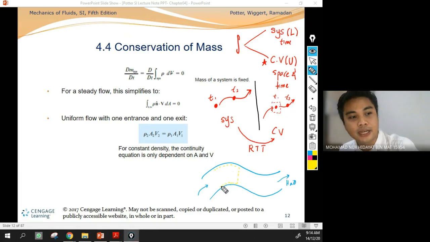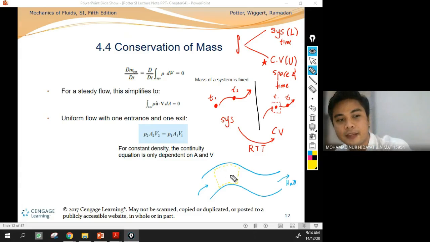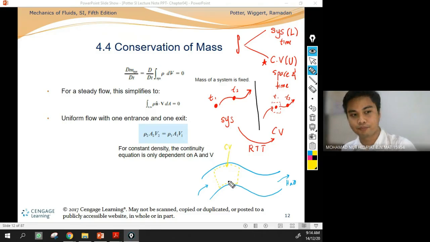That means we focus on this region only. This is our region of interest. We call it the control volume, right? This control volume has a control surface. This dotted line we call the control surface.